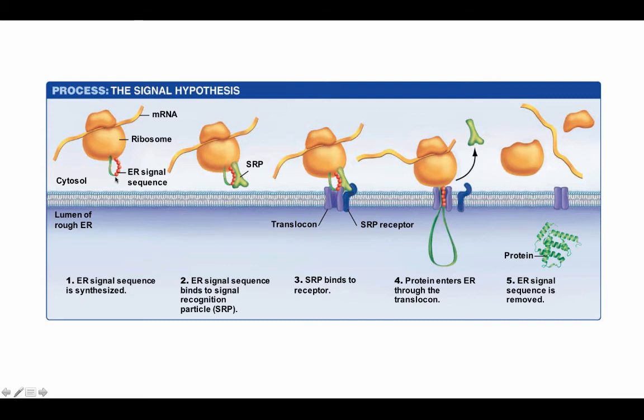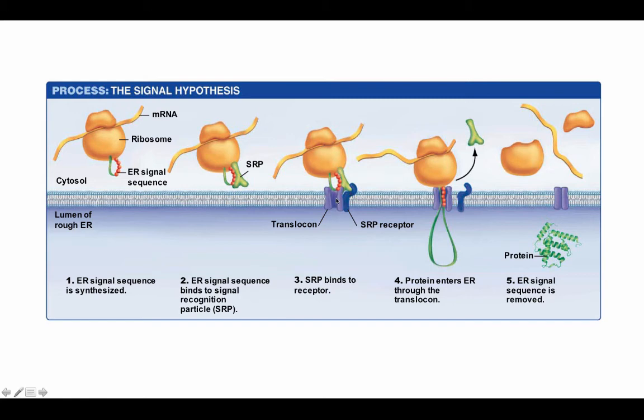So that is going to attract this signal recognition particle. It's going to bind to it, and that's what's actually going to connect it to the endoplasmic reticulum, to a receptor on the membrane of the endoplasmic reticulum, which is also connected to what's called a translocon, which is the pore or channel through which this growing polypeptide is going to be fed through.